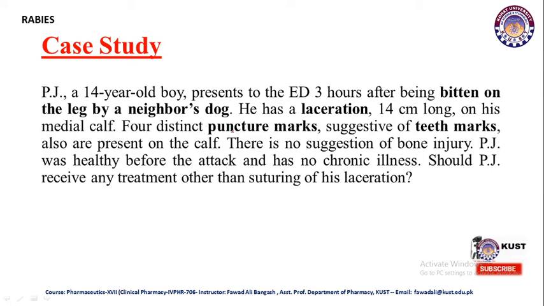Four distinct puncture marks suggestive of teeth marks are also present on the calf. There is no suggestion of bone injury. PJ was healthy before the attack and has no chronic illness. Should PJ receive any treatment other than suturing of his laceration?